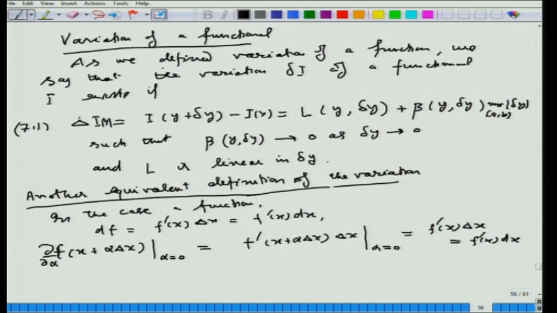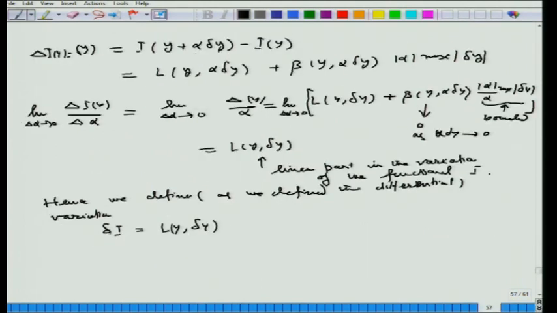This capital delta will be used to define the difference between the values of the functional I at y and at y plus delta y. This delta is used for variation. So this is a variation of the function y itself, and this is the difference in the values of the functional. And we say that if the variation exists, we define it as delta I.